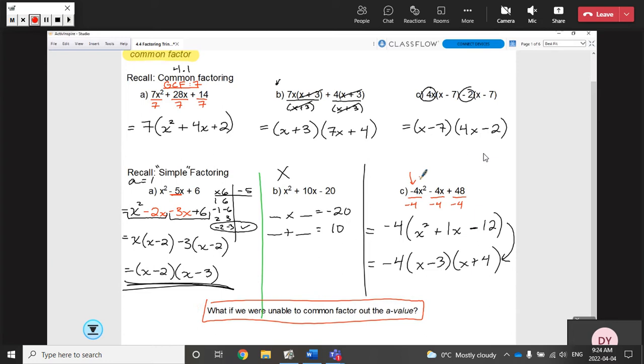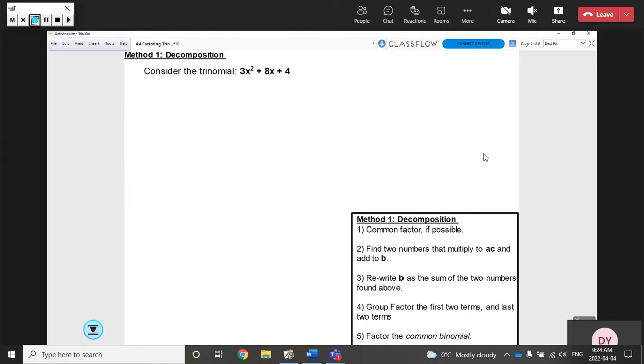But what's going to happen when we're met with a situation like this? We have 3x squared plus 8x plus 4. Now, notice we can't actually common factor out the 3 because the 3 does not divide evenly by 8 or by 4. So we're kind of stuck with it.